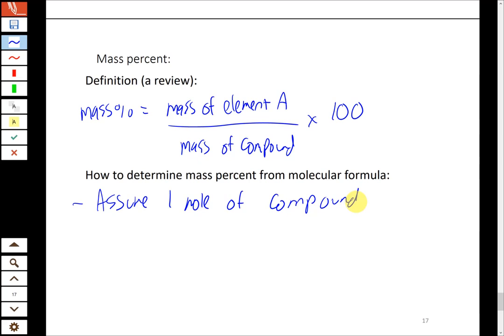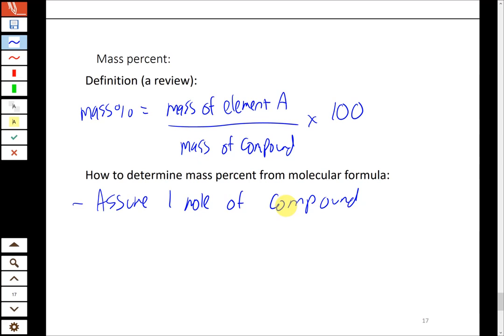So for calculating the mass percent from the molecular formula, we assume that we have 1 mole of compound, which means that the mass of the compound, if we assume 1 mole, is its molar mass. To turn that into grams, that would just be the molar mass.